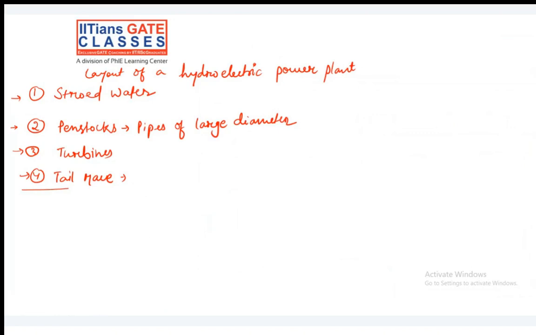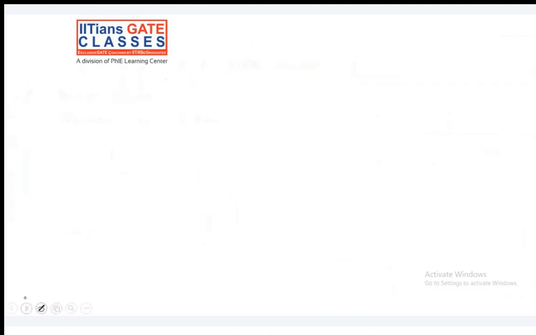Got it? So if I draw, what do we have for any general turbine? We have a dam kind of structure, where some water is stored. Okay, let us draw it here.